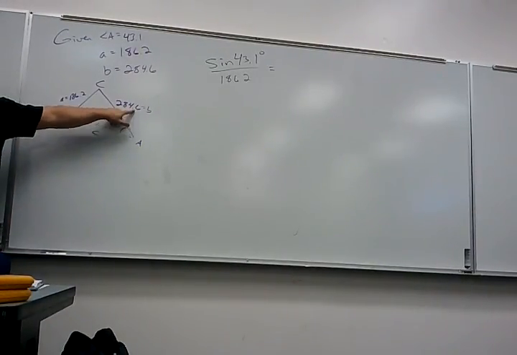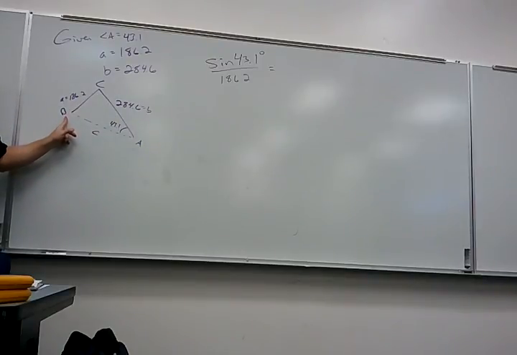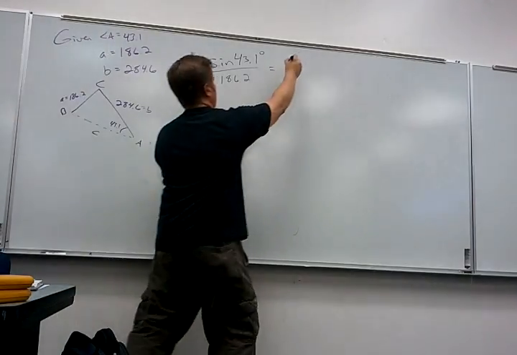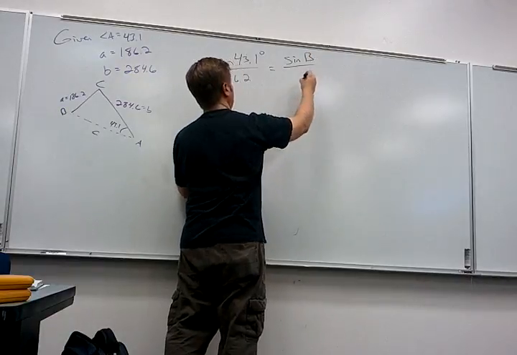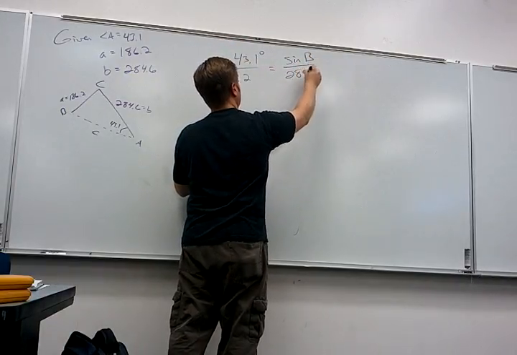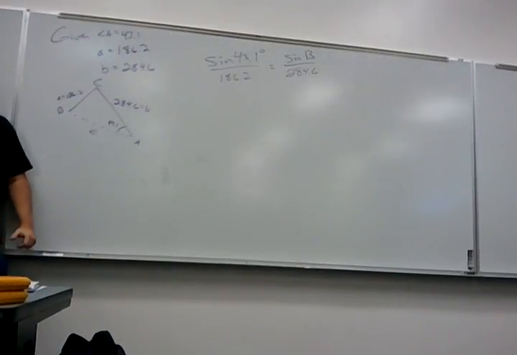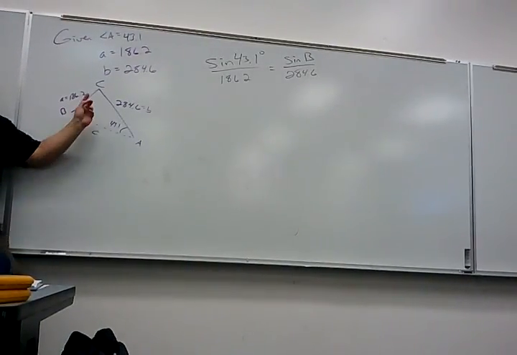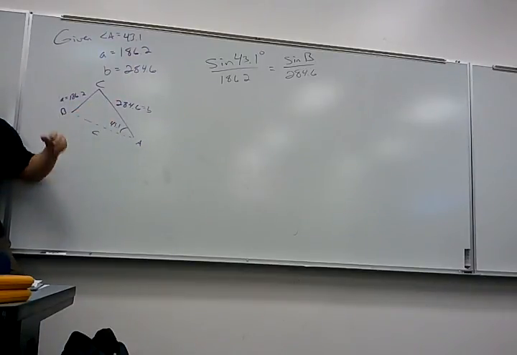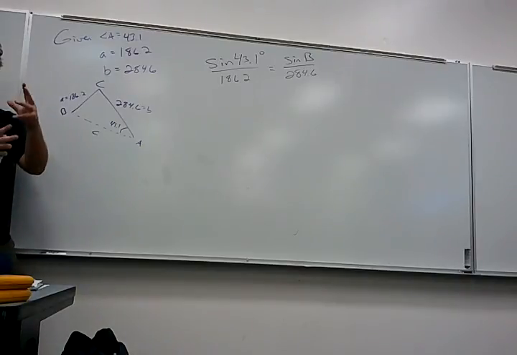I have B's length, but not B's angle. So I have sine big B over 284.6. How are we doing so far? You always want to find that fully known ratio, and then you can set up whatever other part known, part not known. So let's see what happens here.